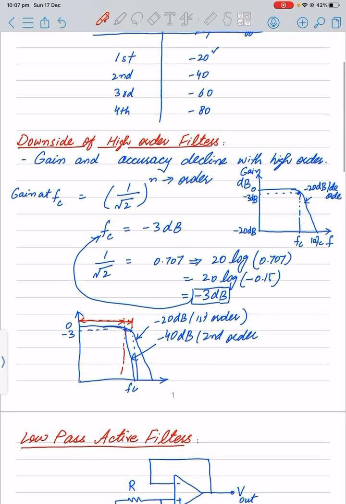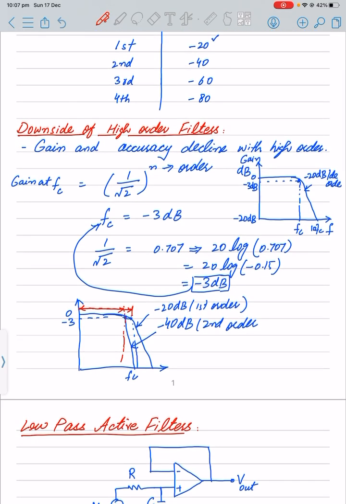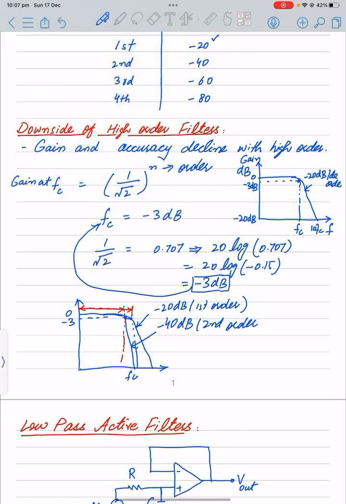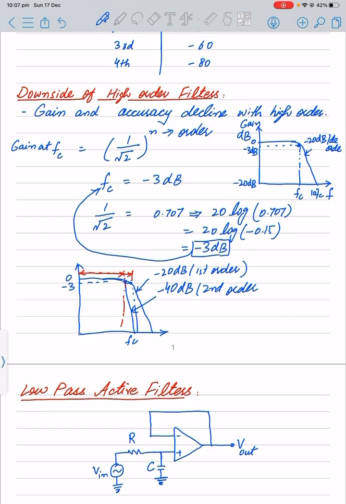So for example, when we have a second order filter, the gain at the corner frequency, that was 0.707 for the first order.